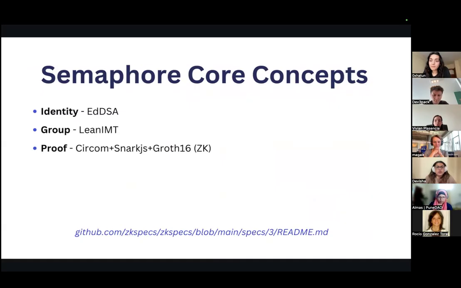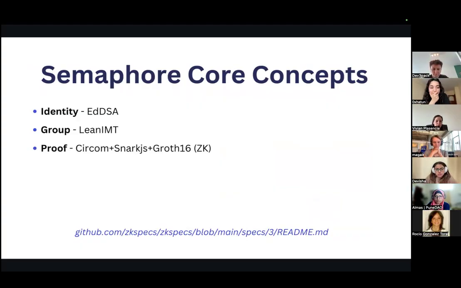These are the Semaphore core concepts. In Semaphore, we have identity, group, and proof. The identities use EdDSA, and I will talk a bit about it now. Groups are created with LeanIMT, which is the binary incremental Merkle tree we created for Semaphore version 4.